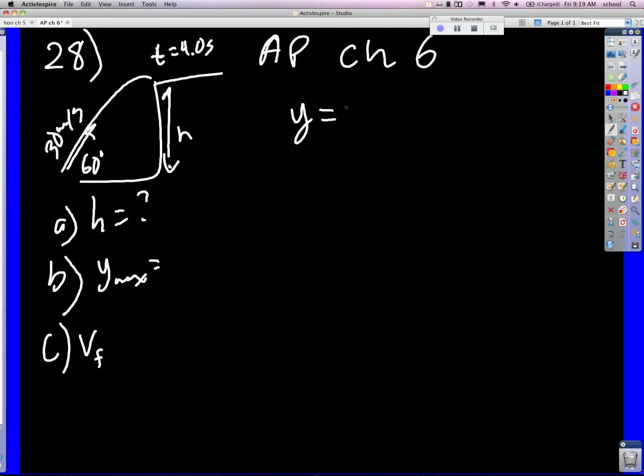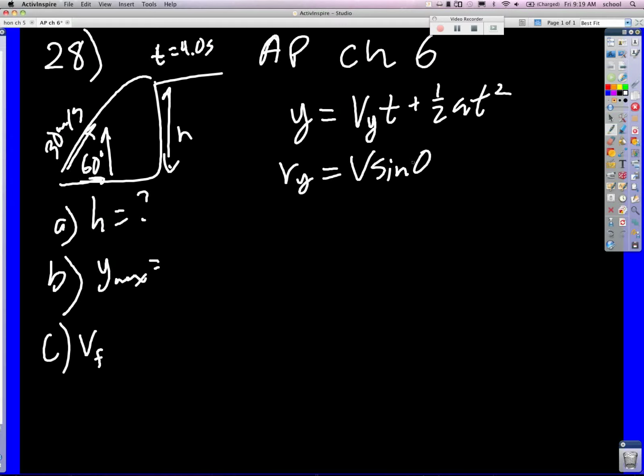And a couple of things: vy, of course, I should have cracked this vector right away, and I get vy is equal to v sine theta. And we know that a is equal to negative 10 meters per second squared.